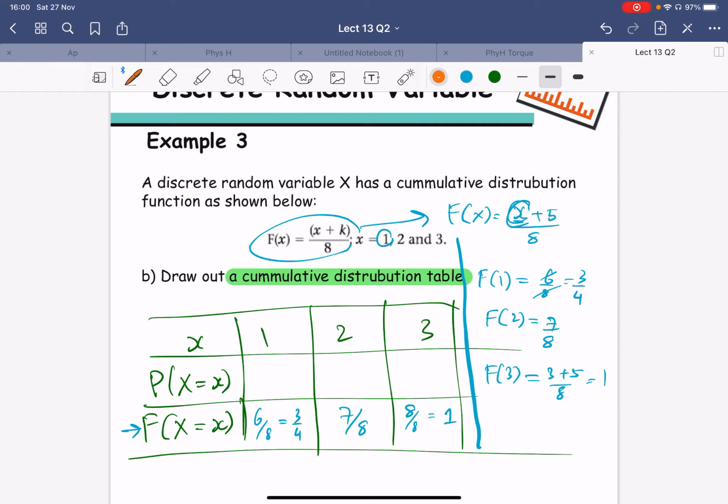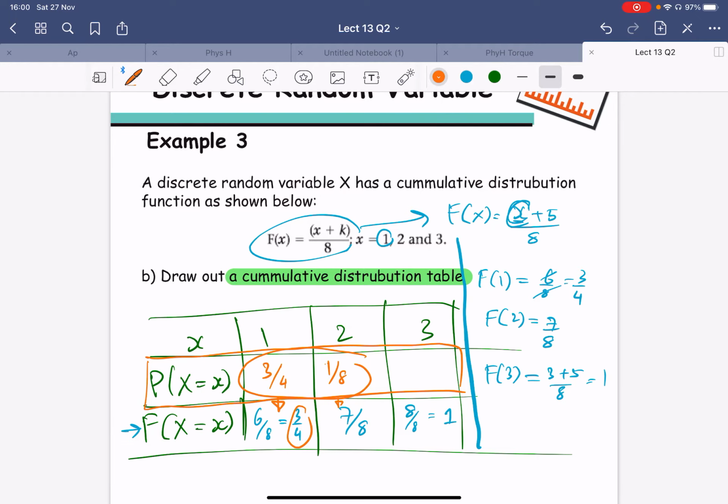Now you recall, if we want to fill this table, I taught you the trick that whatever this value is, we write it down here. So this is 3 over 4. How about the next value? You add these two, you will get that, so this must be 1 over 8.